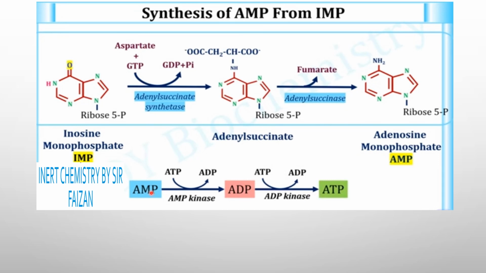This adenosine monophosphate is further converted to adenosine diphosphate and adenosine triphosphate by the help of the enzymes adenosine monophosphate kinase and adenosine diphosphate kinase respectively. In these reactions, the phosphate group donor is ATP.